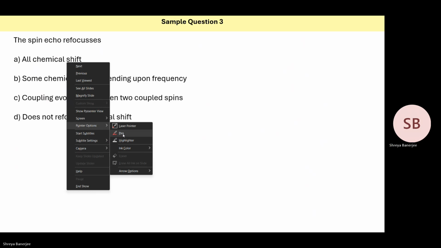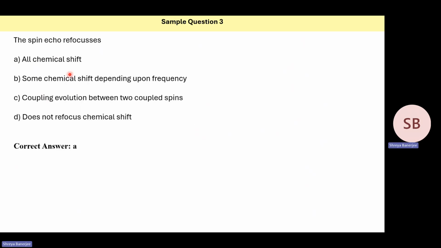So A is your correct answer. The spin echo is refocusing all chemical shift. And so B is incorrect because it is not some chemical shift, it is all. Similarly, D is incorrect.